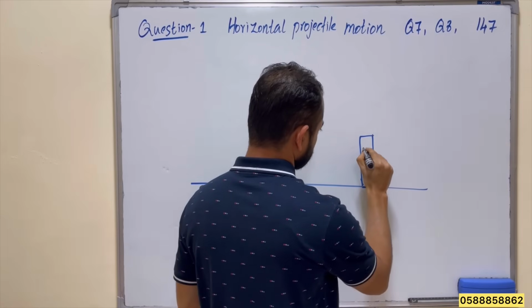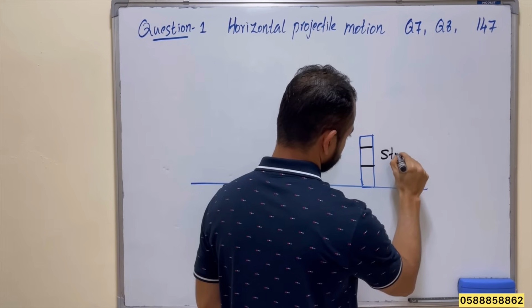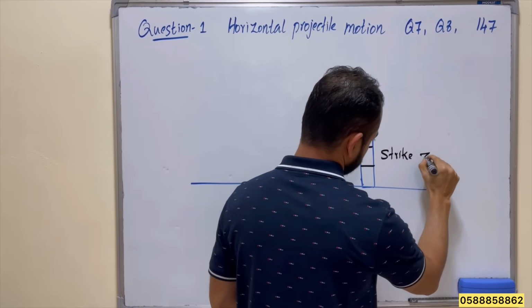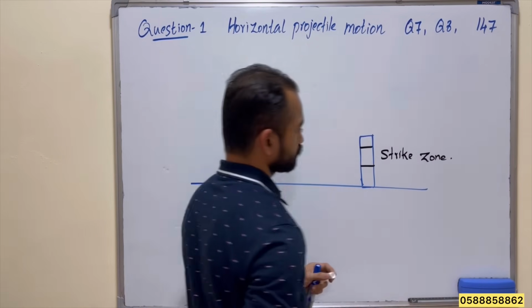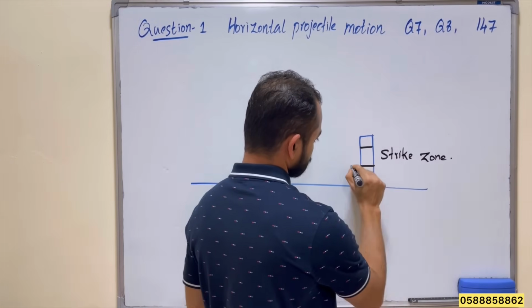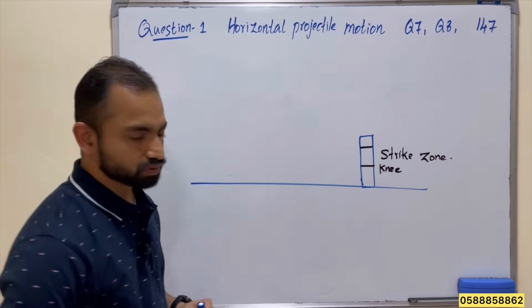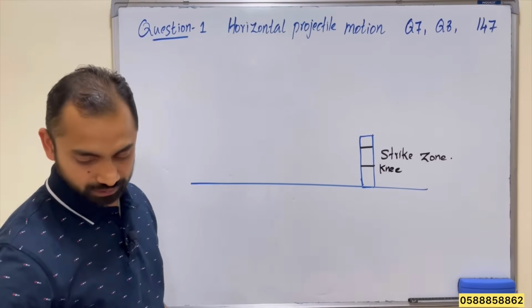From here to here I will mark as the strike zone. This point is his knee. So he is batting like that.